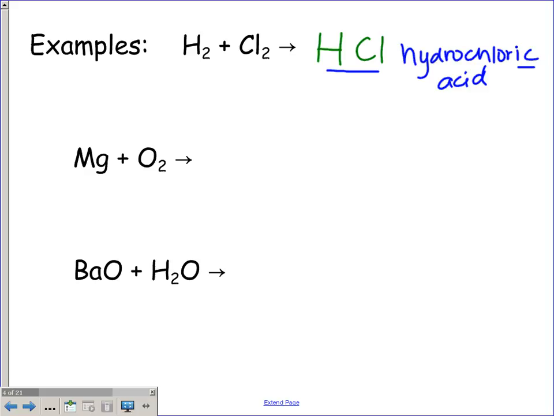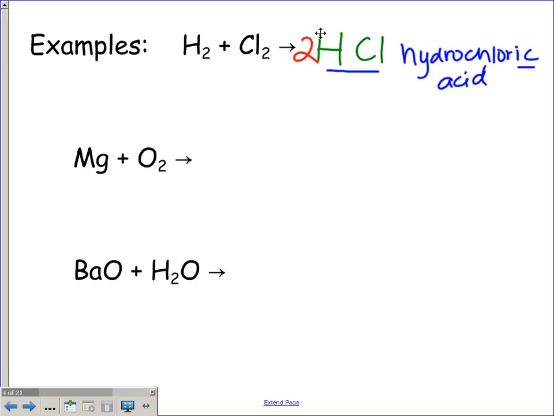So H2 plus Cl2 yields HCl, or hydrochloric acid. Now, if we think back to what we learned when we talked about balancing equations in class, we need to balance this equation because I have two H's on my reactant side and only one H on my product side. So I can balance that H by putting a 2 in front of HCl, and that in turn will balance my entire equation.